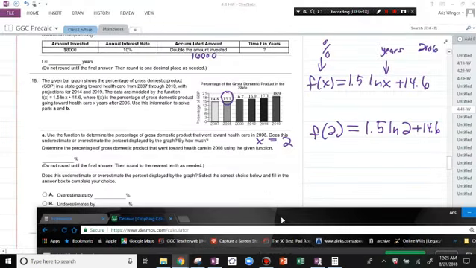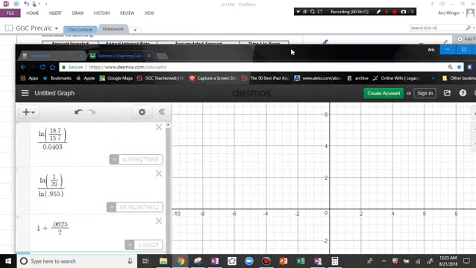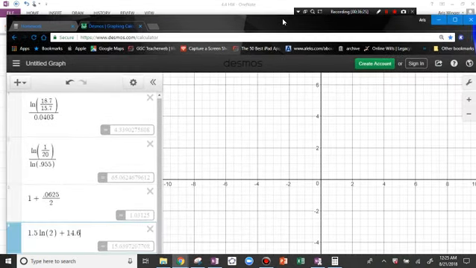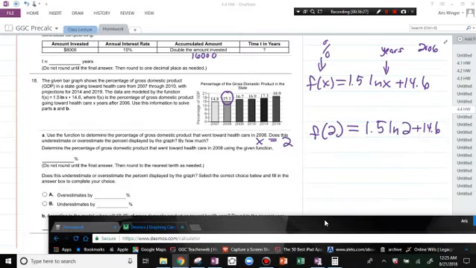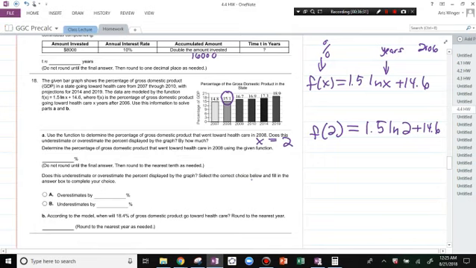It is. 15.6 is what we get to 1 decimal place. That's 15.6%. That's our estimate using our function. The real answer is 15.1, and so we have too much by 0.5%.